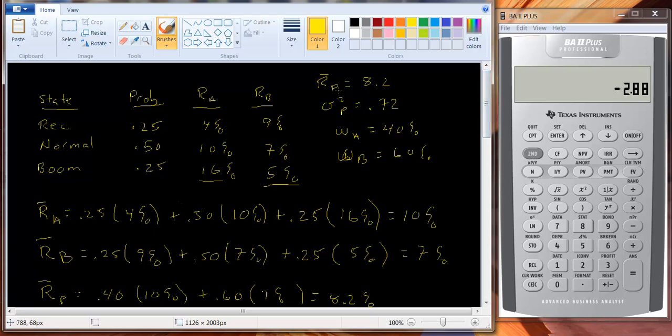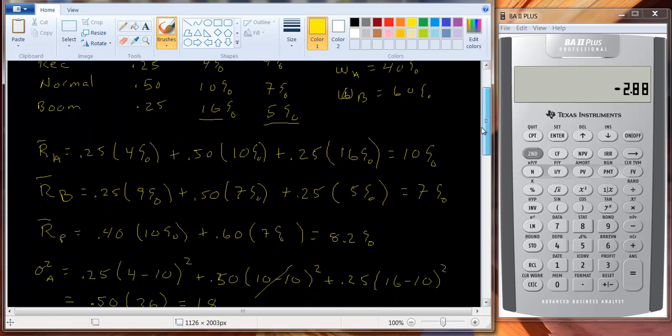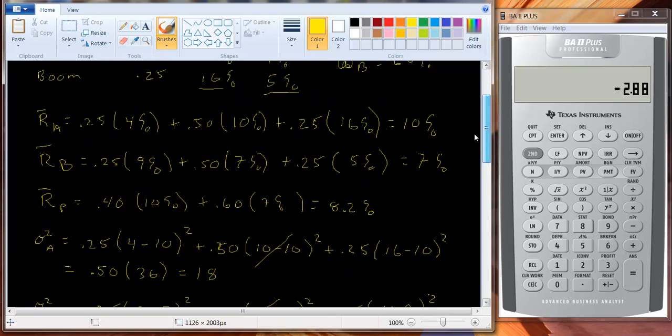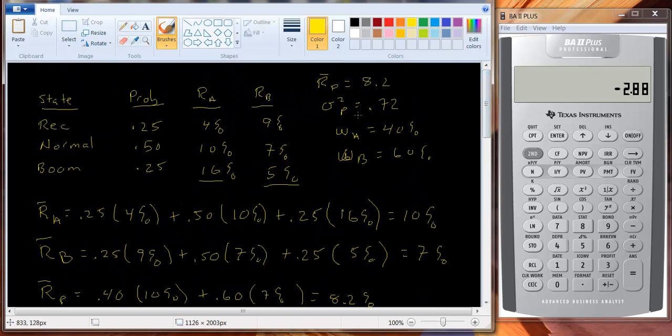This portfolio is going to have a higher expected return than B, right? B had only a 7% return, but B had a variance of 2. And this has a portfolio variance of 0.72. So by combining A and B, and they're both risky assets, we actually increased our return by 1.2%, and we reduced our variance by, what, 1.28?